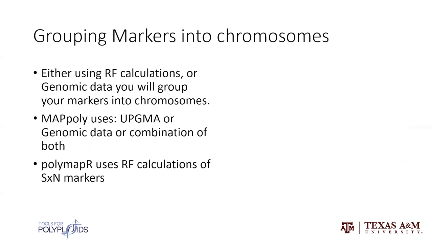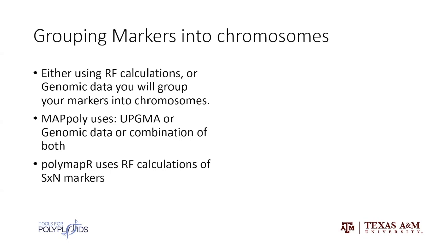So MapPoly and PolyMapper also have different approaches to this. MapPoly can either use UPGMA, which is a clustering algorithm, to cluster your 7 groups, and we'll show that in the tutorial in a bit. You can use your genomic data. So if you know which chromosomes your data is from, you can just say, okay, all of these belong to the same chromosome. Or you can use a combination of both.